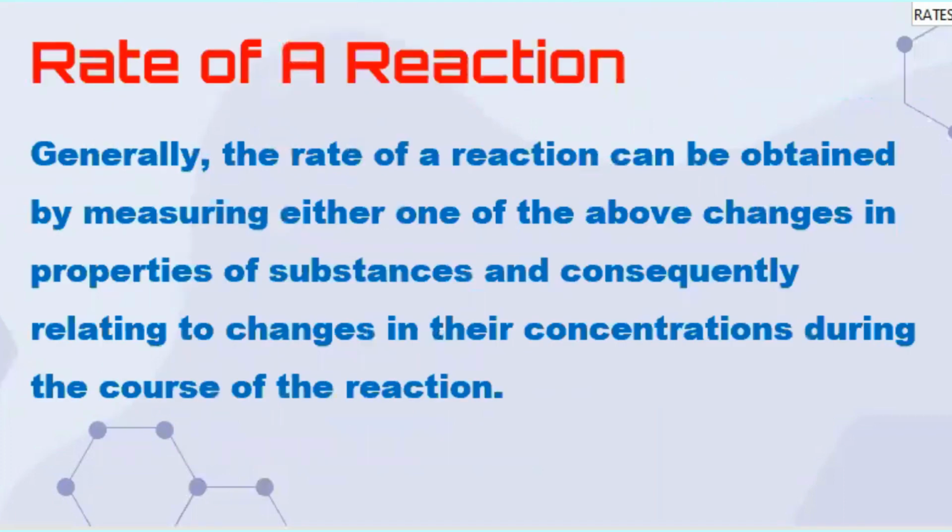Generally, the rate of a reaction can be obtained by measuring either one of the above changes in properties of substances, consequently relating to changes in their concentration during the course of reaction.